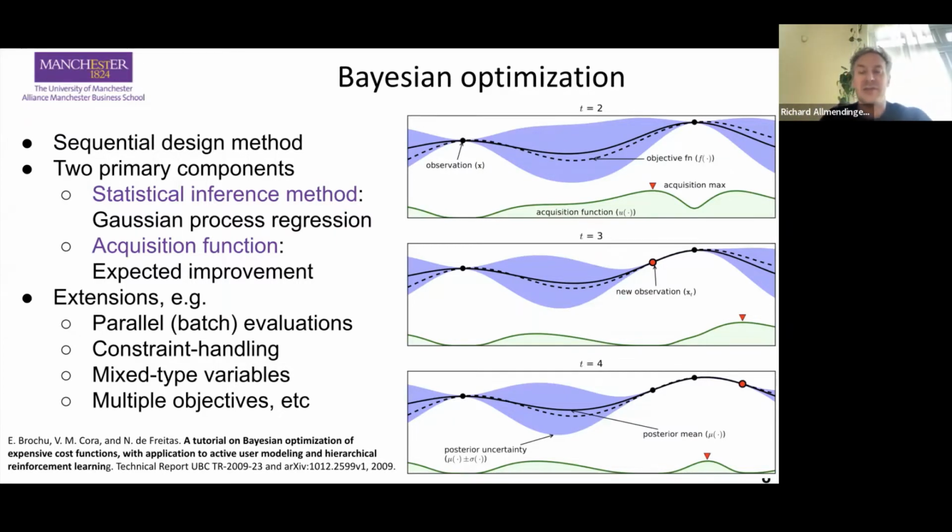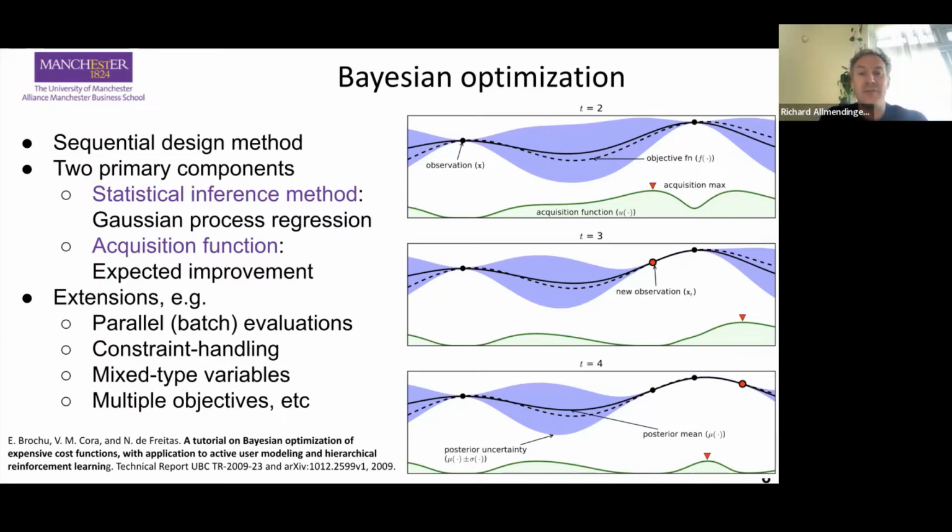But the approach has become popular only in the last 10 years or so. It's a sequential design method, unlike, for example, evolutionary algorithms where you have a population of solutions. In Bayesian optimization, you typically have one solution at a time. And there are two main components: the statistical inference method and the acquisition function, which we also call the infill criteria.